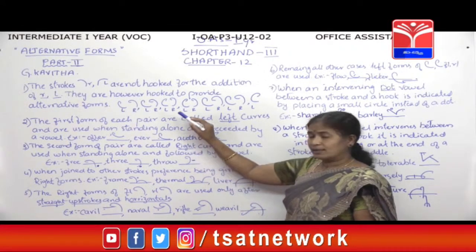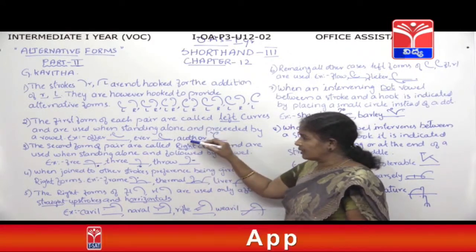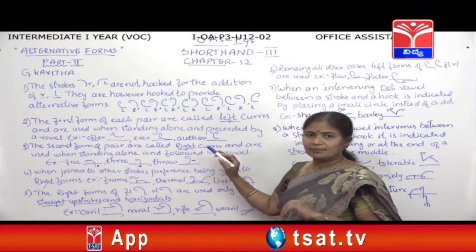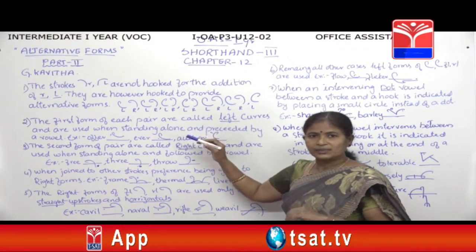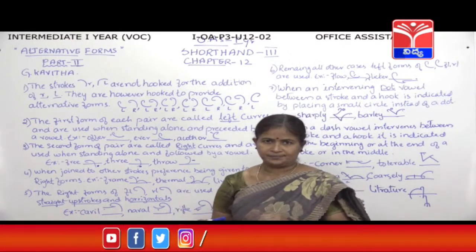When left forms or right forms join with the other strokes, here, in standing alone, no other strokes are following the individual. Suppose these strokes join with the other strokes, mainly preference is given to right forms. Why?